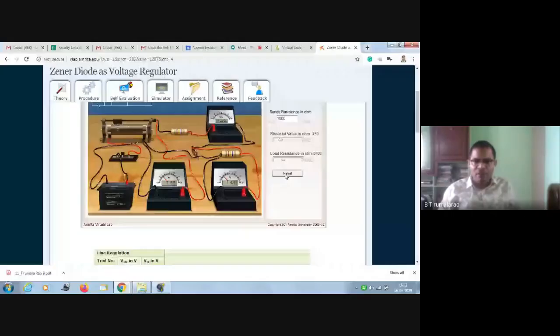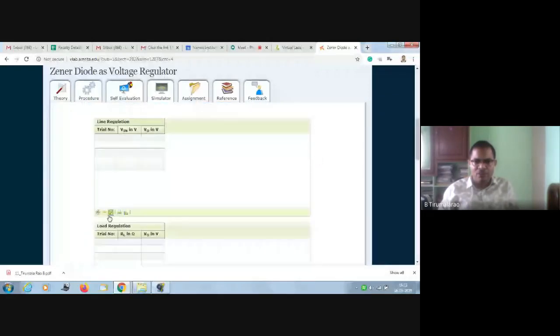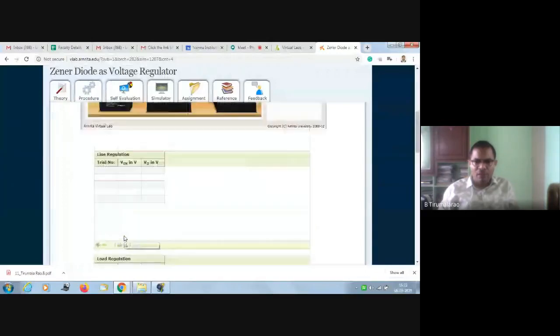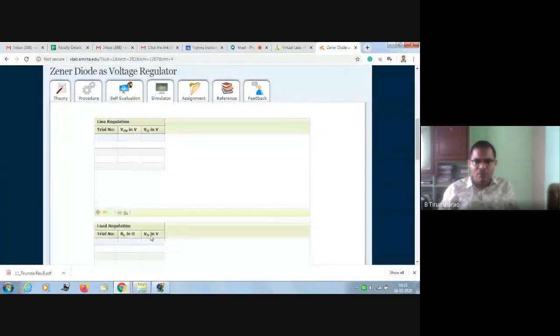Here the series resistance is 1000. The resistance value in ohm is 250, right? The load resistance value is 6800. This is the load resistance value. Then V naught in volts, and V in.